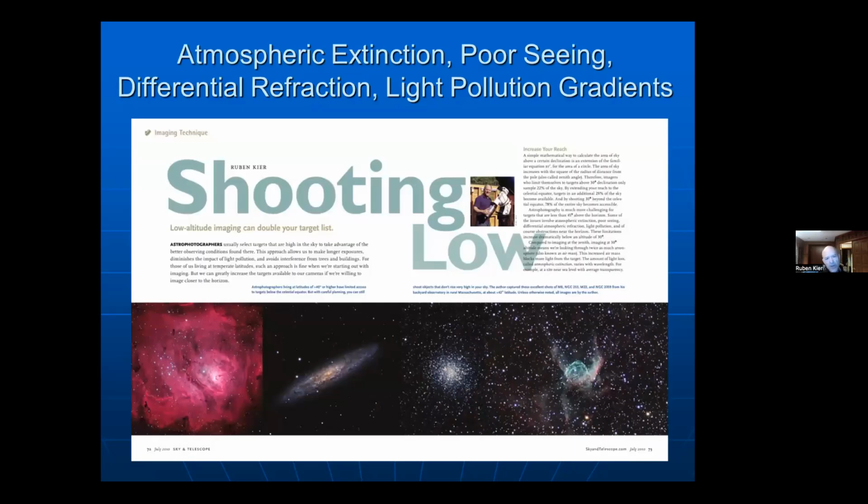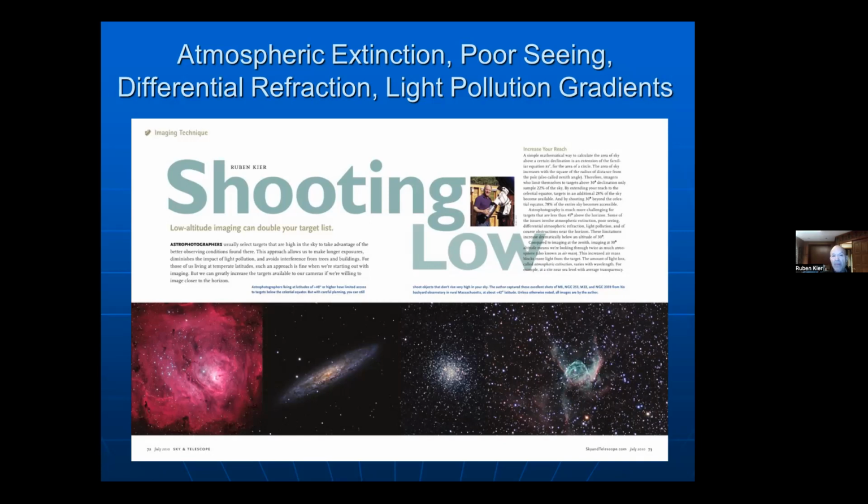Okay, so now that you've chosen what camera to use and you've chosen what telescope to use, what about if you want to image something and it happens to be low in the horizon? Well, when you start looking at objects that are low in the horizon, and I went into more detail talking about this in my article in Sky and Telescope, you have four things that you have to think about.